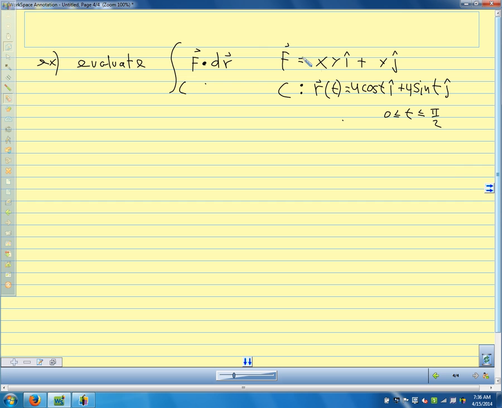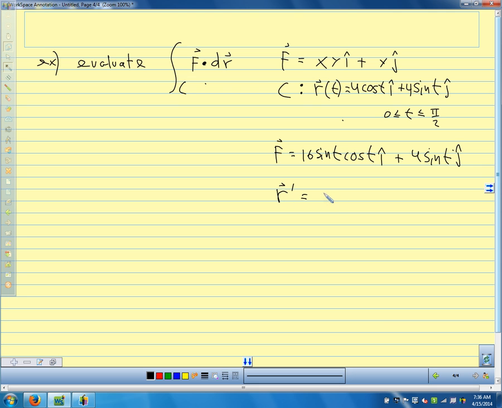To evaluate this line integral, we're going to write f in terms of our parameters. So f is going to be 16 sine t cosine t i hat plus 4 sine t j hat. We need r prime to evaluate our line integral. So we take r prime.